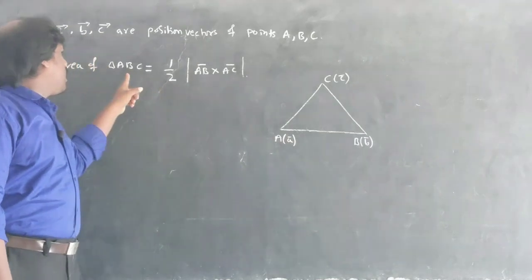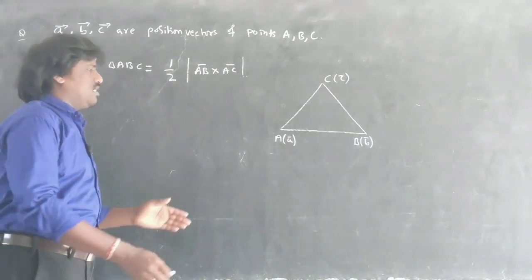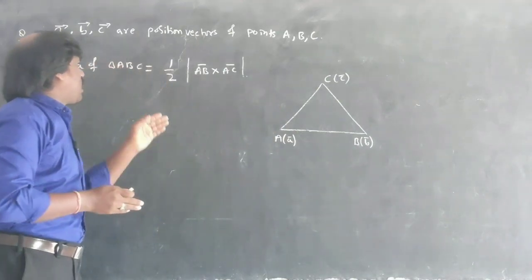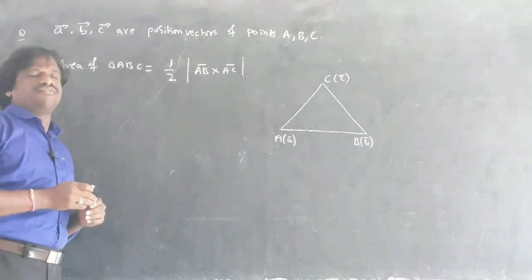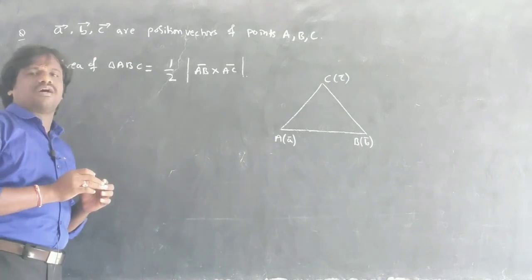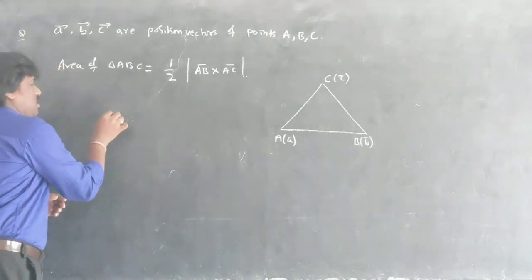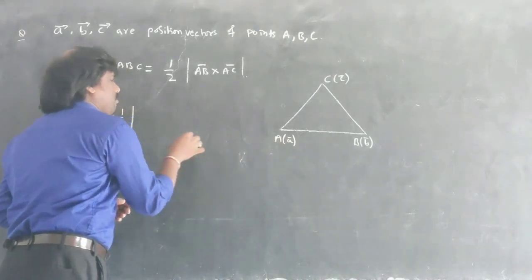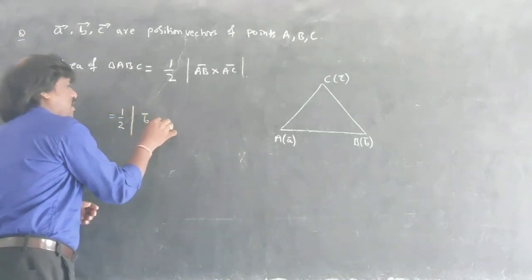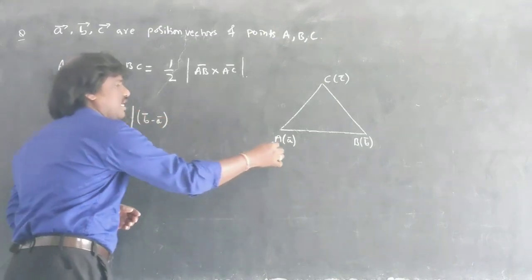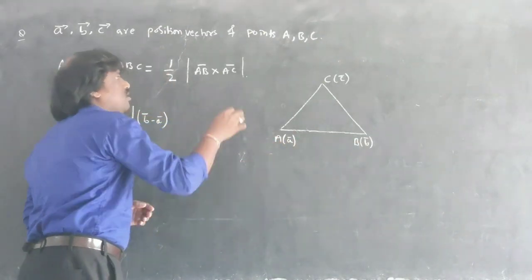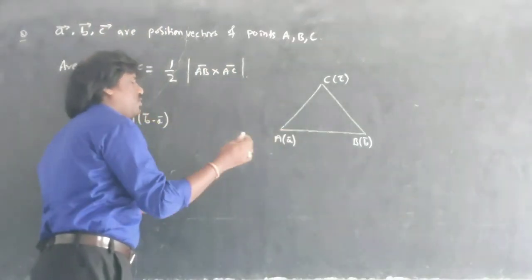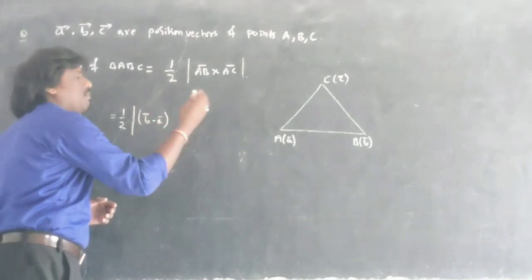That is the reason the area of the triangle ABC is, this is the AB vector, this is the AC vector. So the area of the triangle is half of modulus of AB cross AC. Here AB can be written as B vector minus A vector, since A, B, C are position vectors. So AB vector will be OB minus OA.